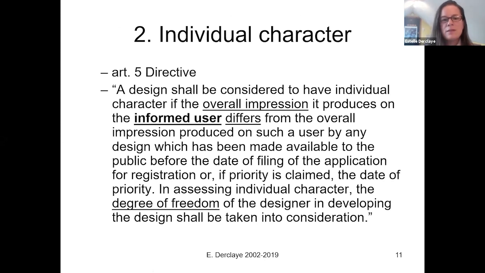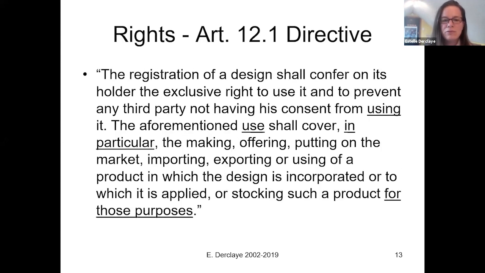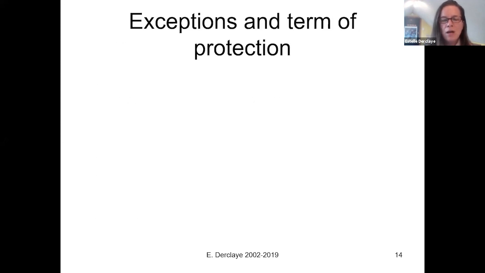Okay, and it's a little bit difficult, therefore, to prove that your design has been infringed because of this informed user, because the informed user will look at things very carefully. It will not look at the design in a hurry. And so it might encounter differences and think, it's different, and so therefore the overall impression is different, and therefore it's not infringed. What are the exceptions and the term of protection?